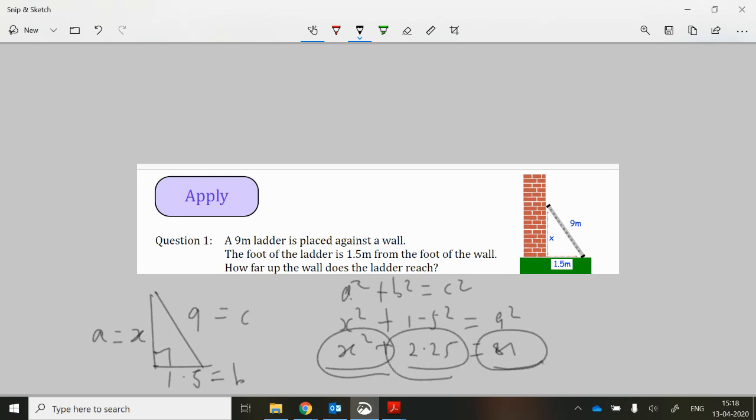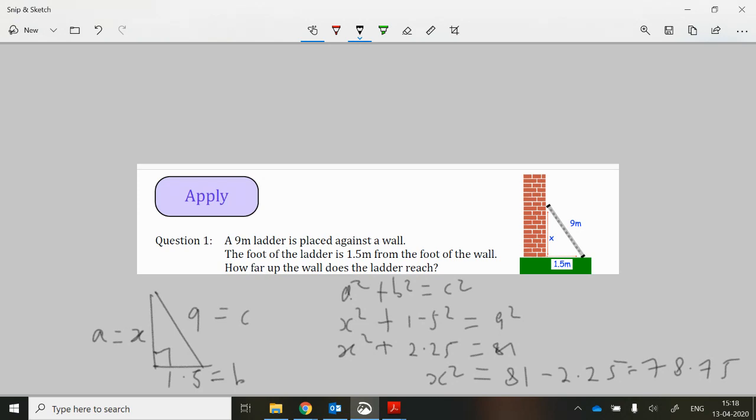If I didn't add the 2.25, I would be 2.25 lower. So I'm going to undo the plus 2.25 by doing 81 take away 2.25. That gives me x squared still. So x squared is 81 take away 2.25, which is 78.75.